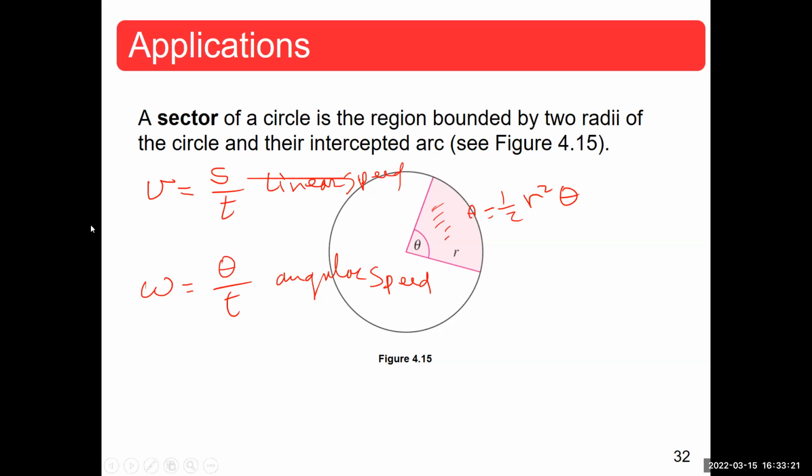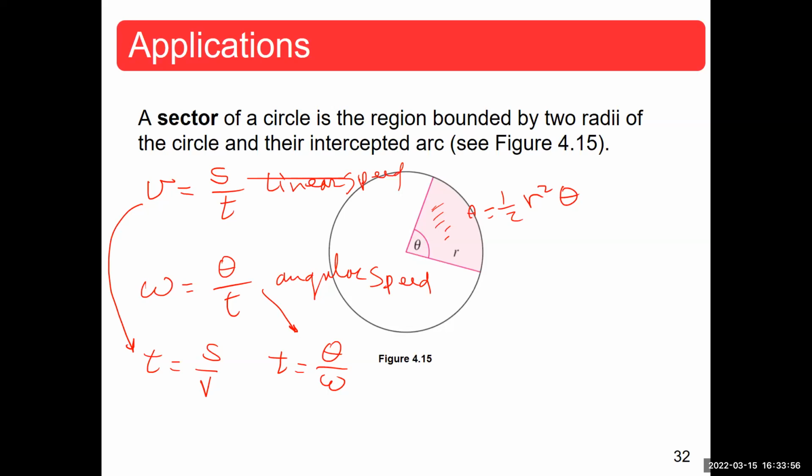What is the relation between V and omega? We can eliminate the T between those two. T equals S over V from here. Also T equals theta over omega from here, correct? Just look at it and tell me if this is correct.